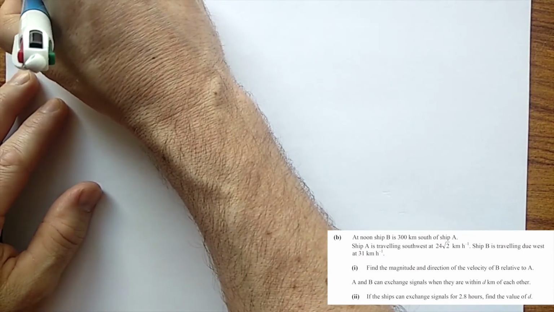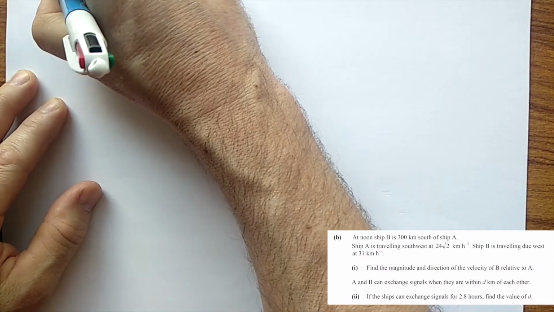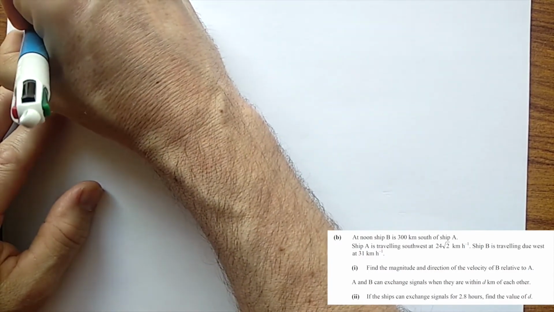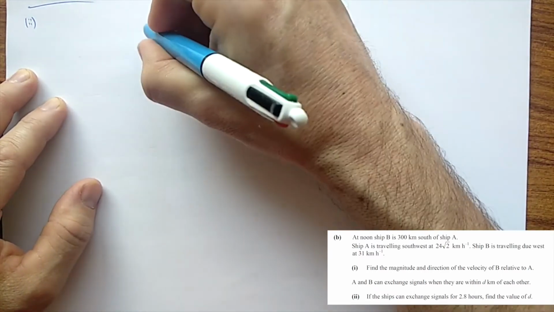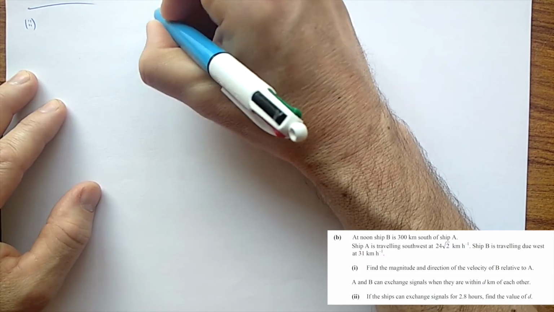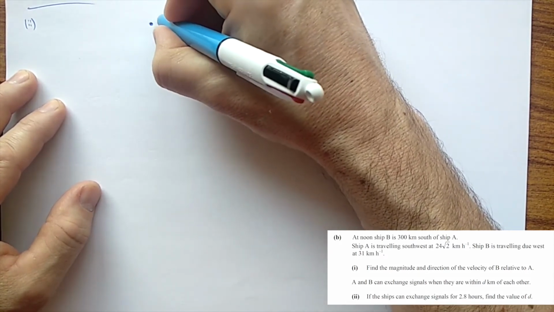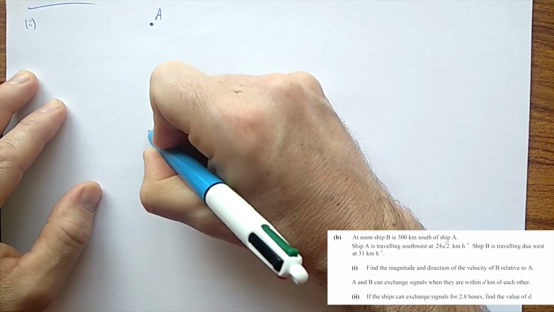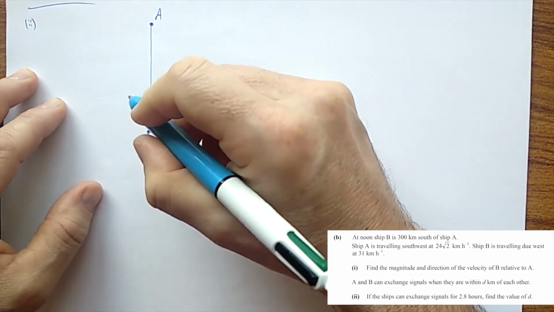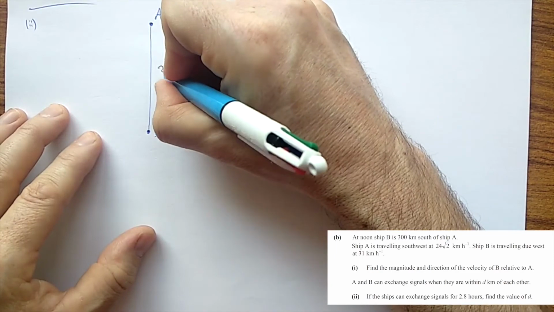So 2014, question 2, part B, part 2. Now, we have our two ships. We'll move over here and redraw our diagram because I'm on a new page. This was ship A, draw it nice and big here. That's ship B. They are 300 apart.